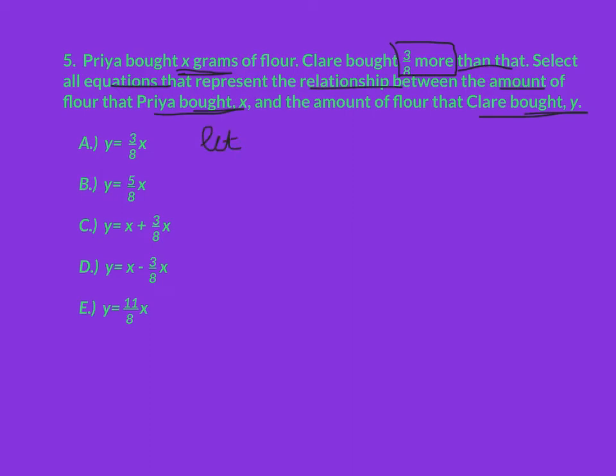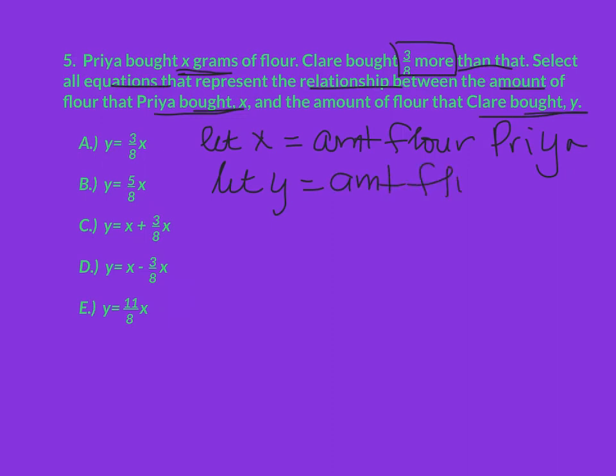Let X equal the amount of flour that Priya bought, and let Y equal the amount of flour that Claire bought. Okay, so we'll just have that very, very clear.